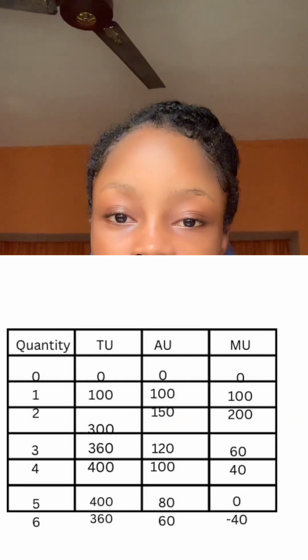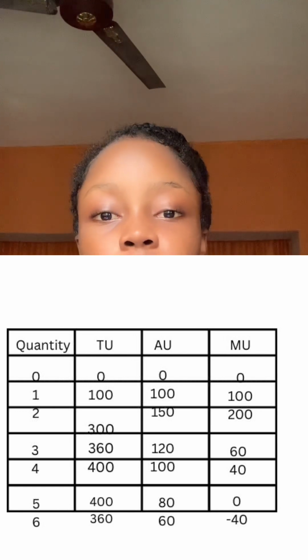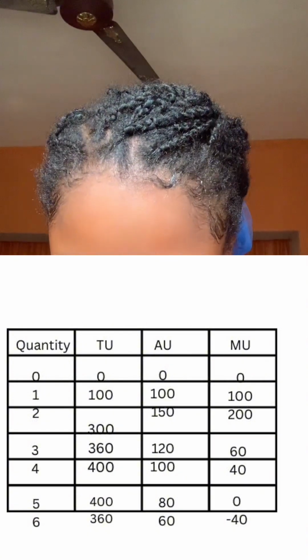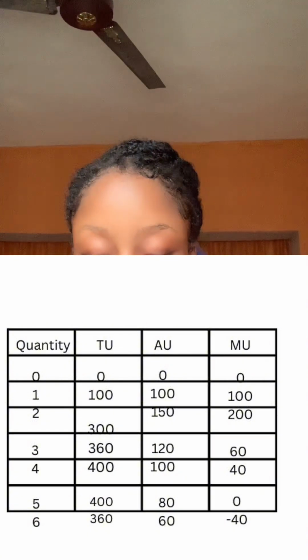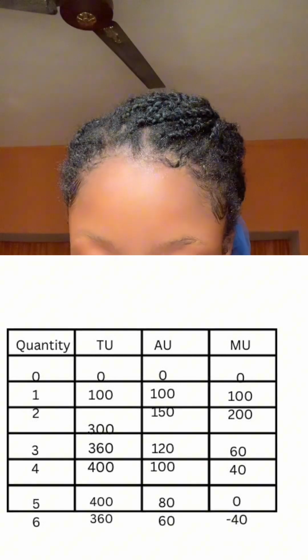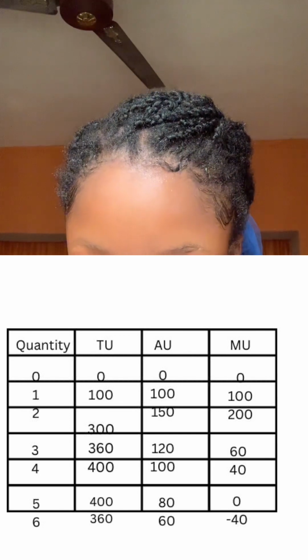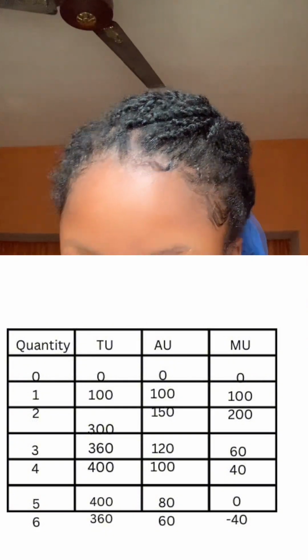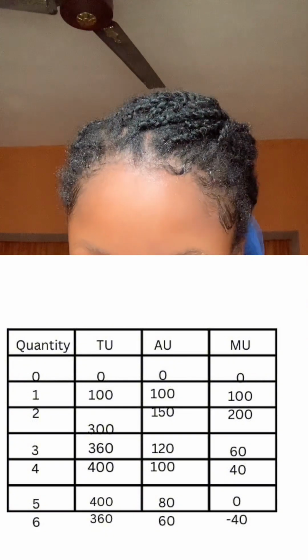And marginal utility is satisfaction derived from an additional unit of goods consumed. We can see that when the quantity of the good was at zero, total utility, average utility, and marginal utility all remained at 0. When it increased to 1, total utility was 100.